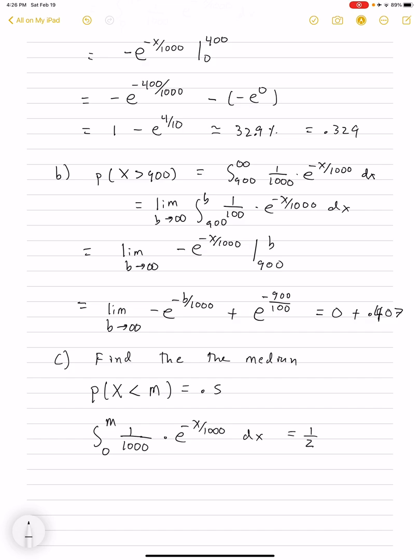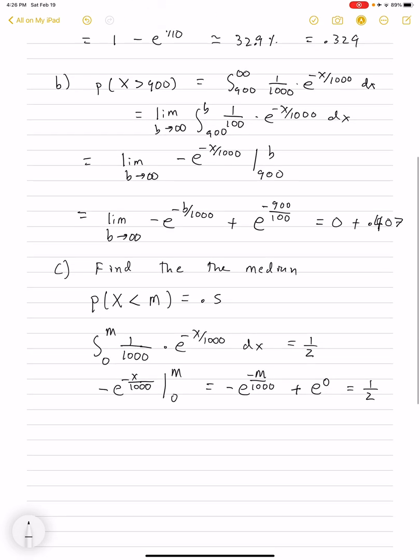Well, we anti-differentiate this, and we're going to get minus e to the minus x over 1,000 from 0 to m. That'll be minus e to the minus m over 1,000 plus e to the 0 is equal to 1/2.